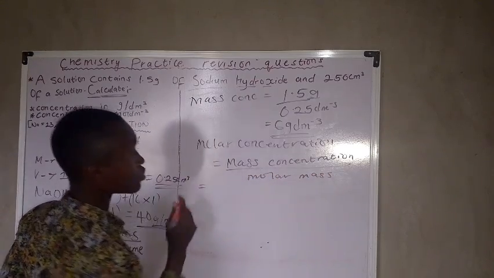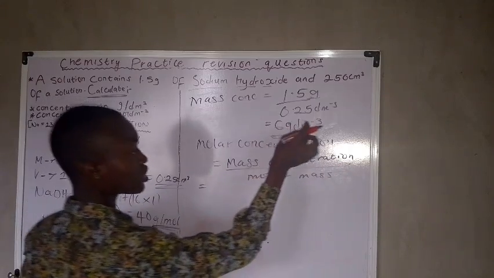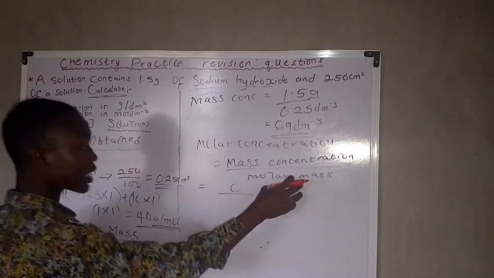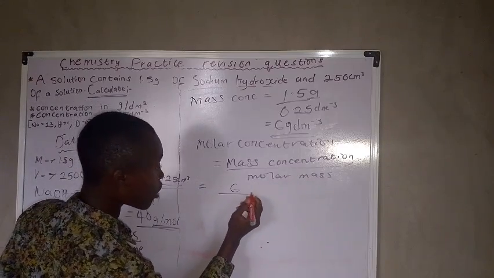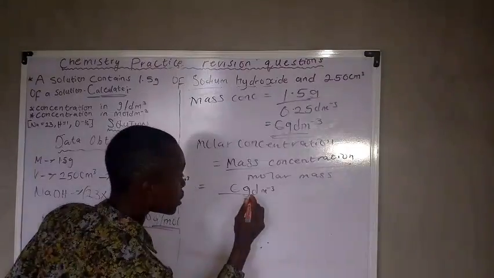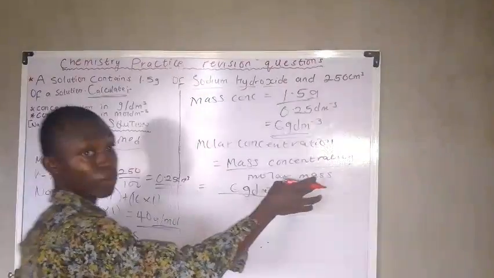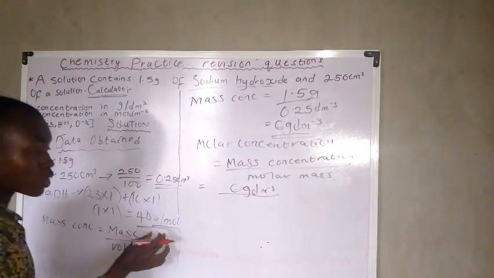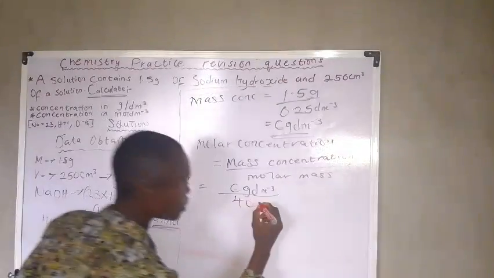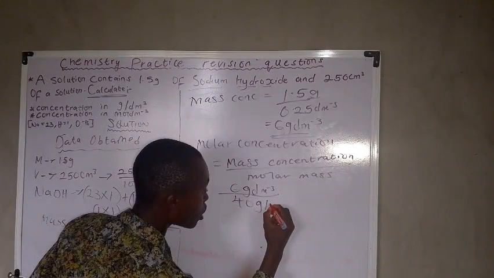What is our mass concentration? Our mass concentration is 6 grams per dm cube, divided by our molar mass. Our molar mass is simply 40 grams per mole.